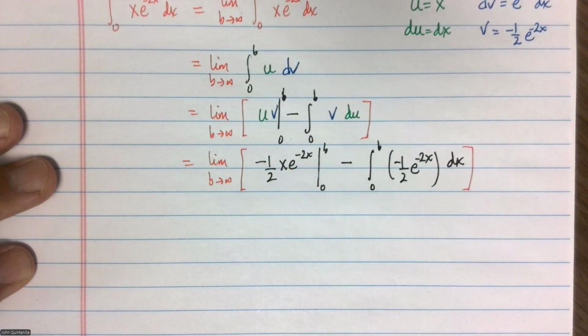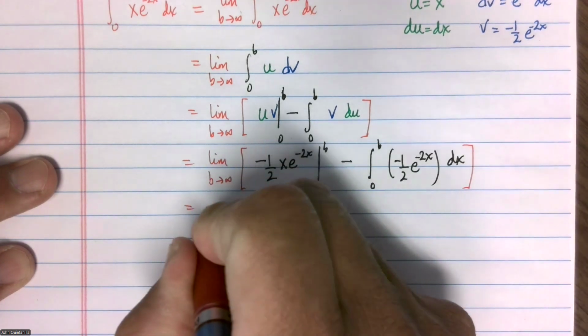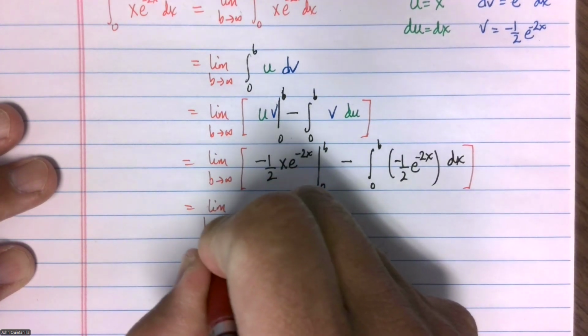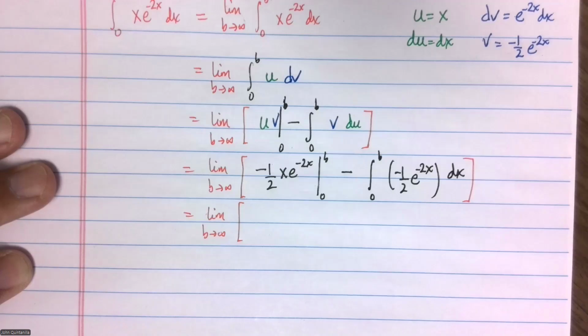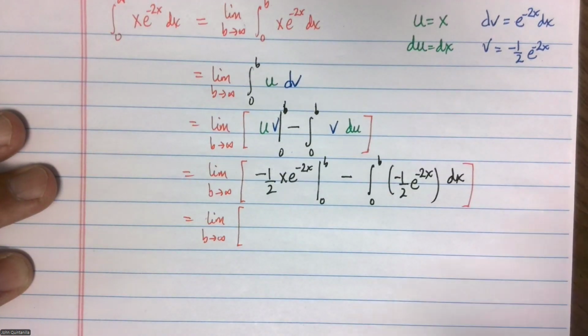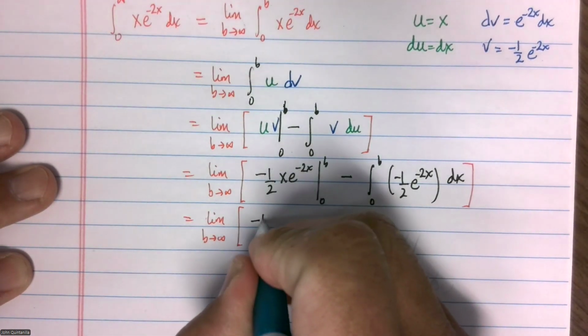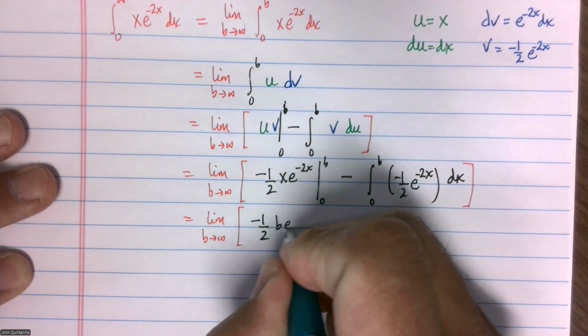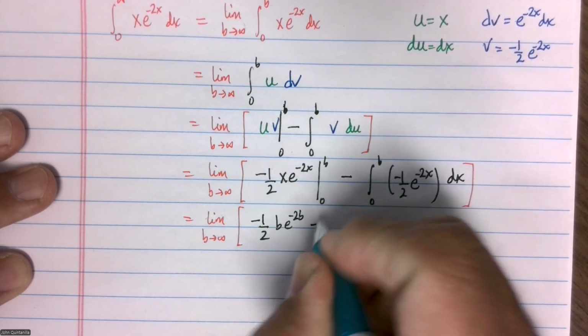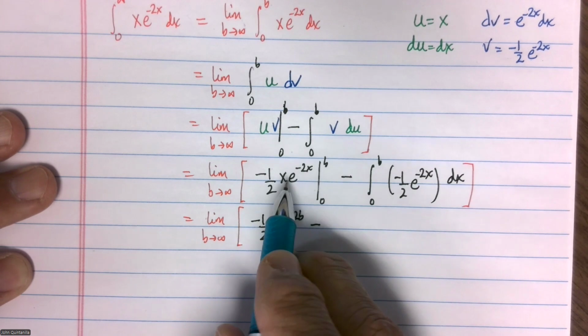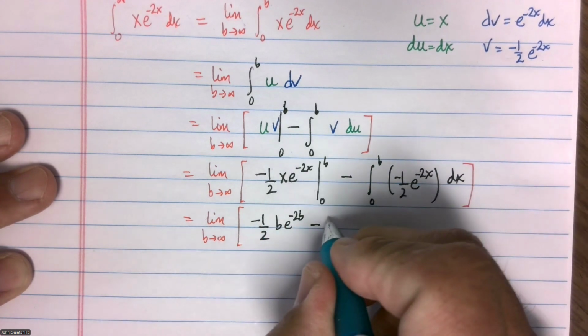Plugging into this first part, we would have minus 1/2 b e to the minus 2b, minus, and when I plug in 0, I would just get 0 because of the x that's right here.